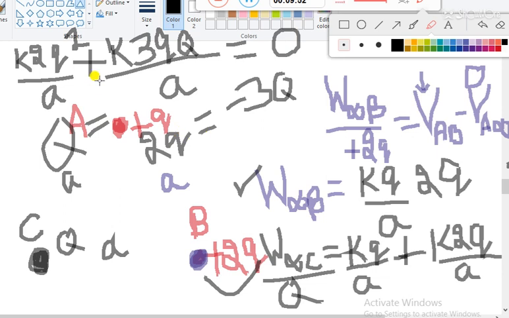Finally, Q equals minus 2 by 3 small q. So I hope this was the answer.